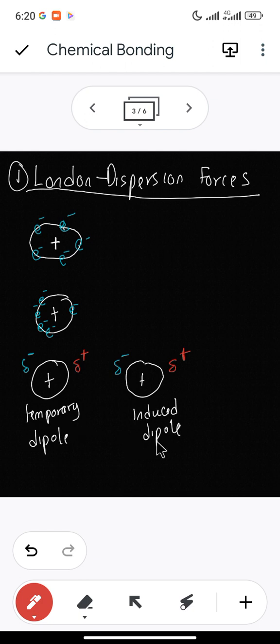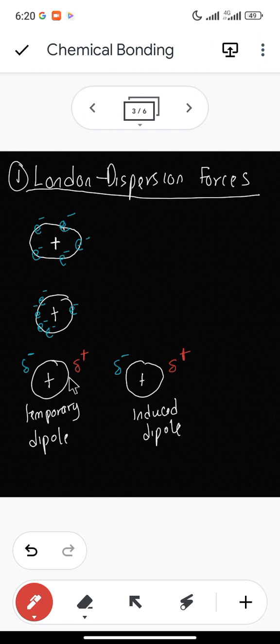So this is an induced dipole, while this is a temporary dipole. I just used the context of an atom to explain London dispersion forces. But in the actual sense, just imagine this is a molecule, you understand? Because we are dealing with intermolecular forces, not intra.